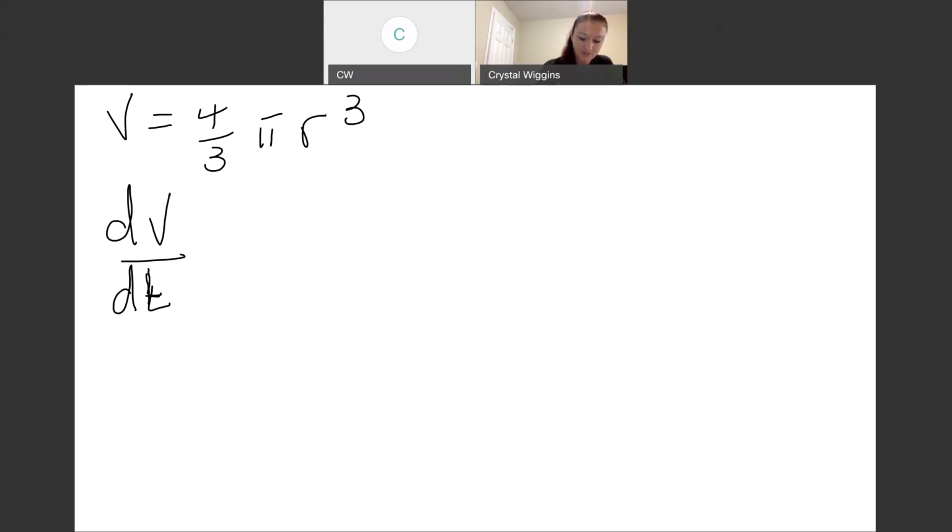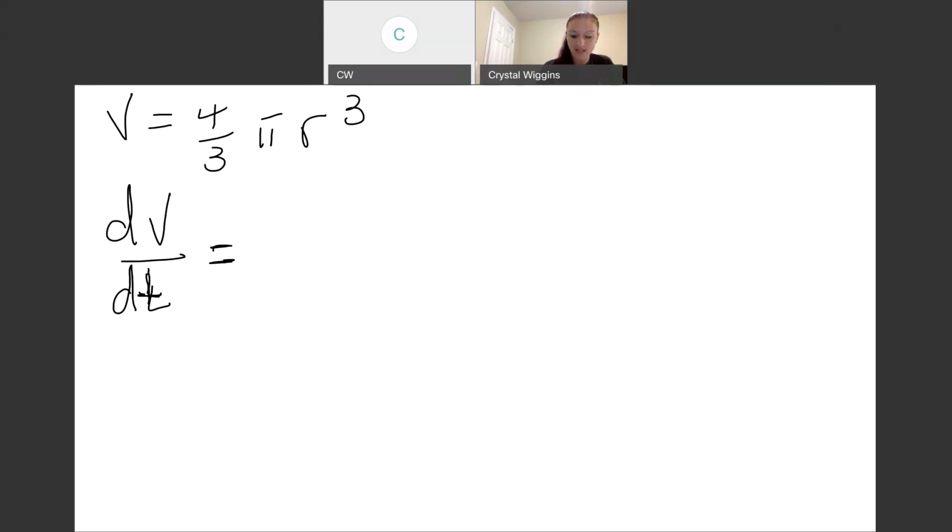So we're taking the derivatives with respect to time. The volume is changing at this rate, and it's equal to the derivative on the right side. If you look at the right side of the equation, you have 4/3 pi. Those are all numbers, so that's just a coefficient.